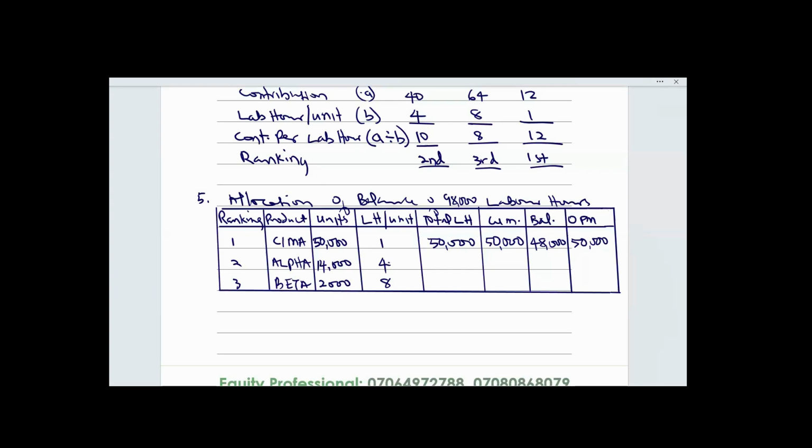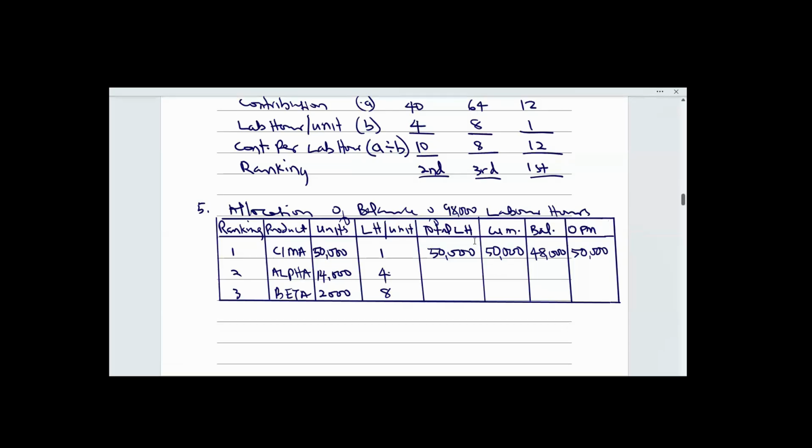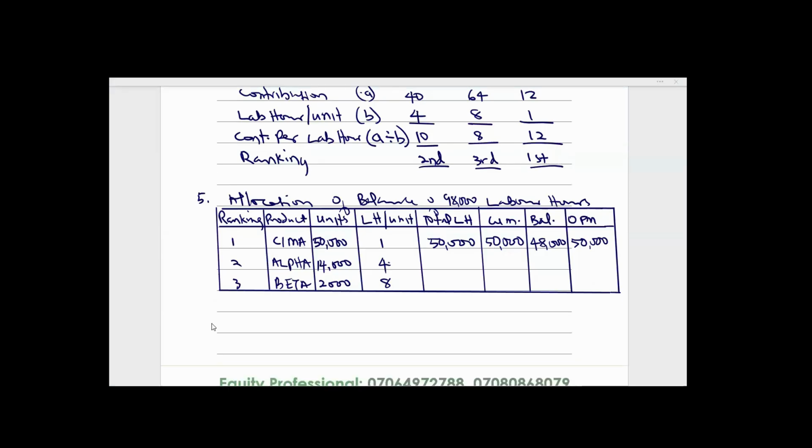Now, for Alpha, 14,000 units multiplied by 4 hours. What do we have there? 14,000 multiplied by 4, that's 56,000. Do you have 56,000 left?